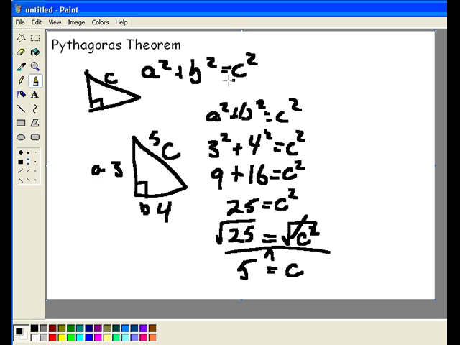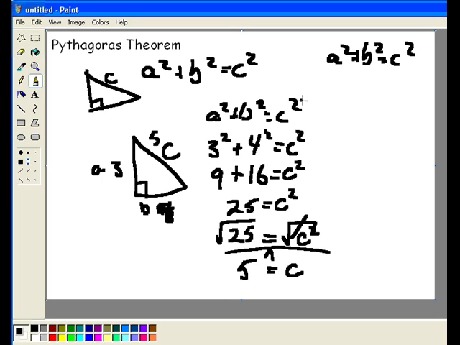Now, what we can do is, if we're given the equation a squared plus b squared equals c squared, and they gave us the answer for c, but we didn't know exactly what b was, we had to end up solving for b. We knew we had a 3, we knew we had a 5, we didn't know what we had for b.